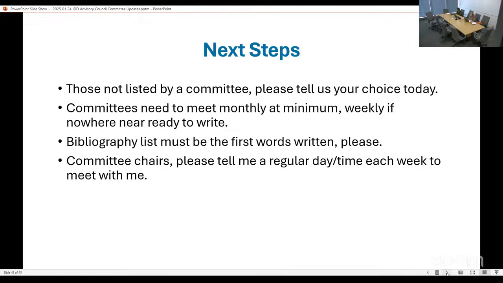We probably need to say that committees need to at minimum be meeting monthly, or maybe even every other week or weekly, until you feel that you have all the data. But our goal is that by April, there's a very strong rough draft that we will have in our April meeting that only needs to be polished.